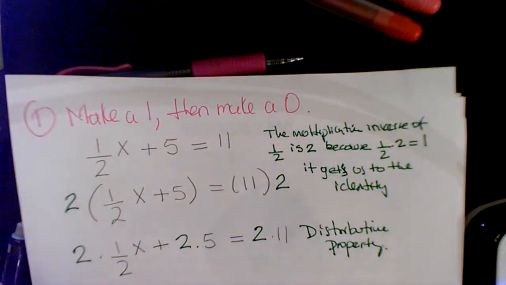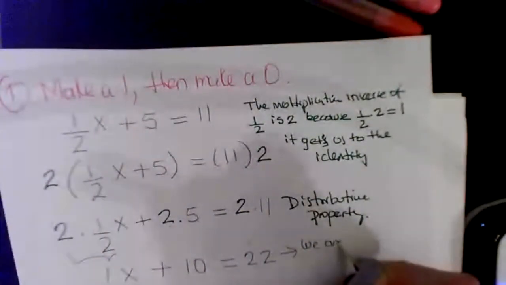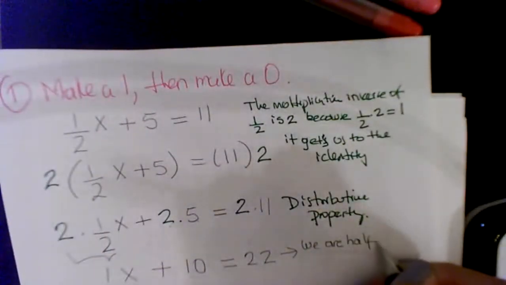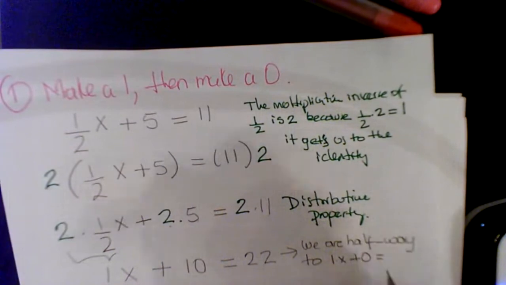All right, so what do I get here? I get a 1 times 11 is 22. And we are halfway to this answer.